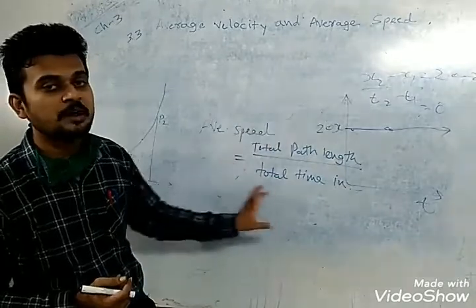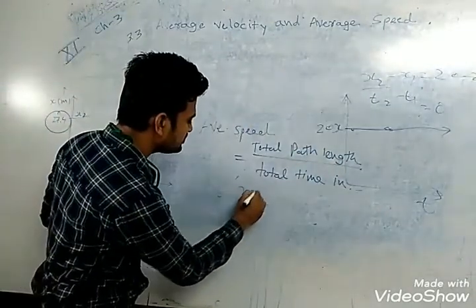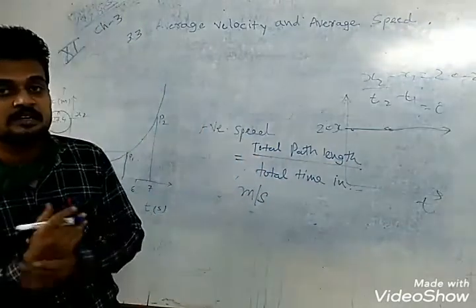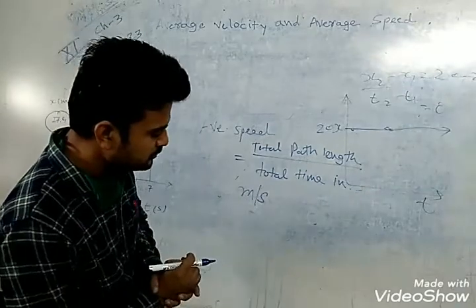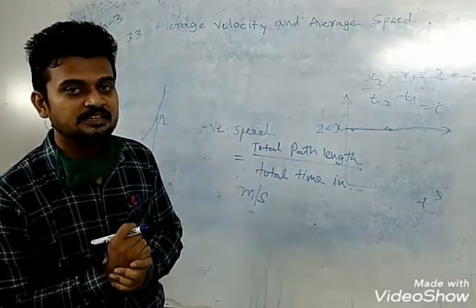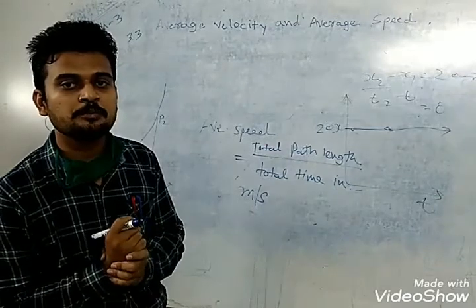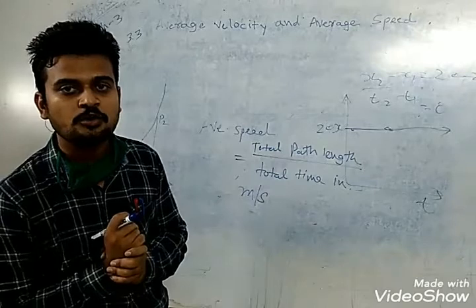The SI unit of average speed is the same, meter per second.